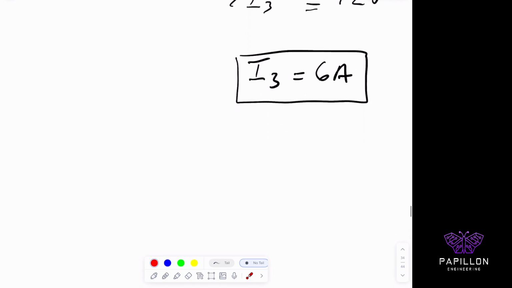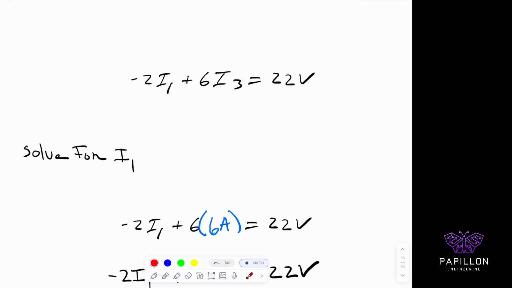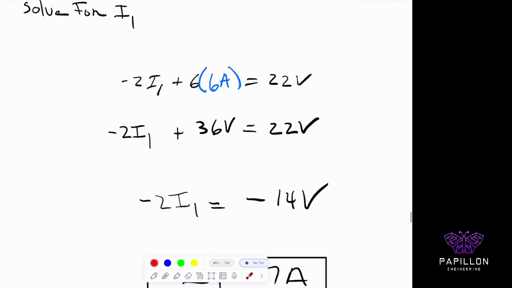All right. So now that we have the 6 amps, we can now hopefully solve for I1, our other two variables, right? We go back to one of our prior equations, where we solved for I3. So now if I plug in my value of 6 amps to this problem, I'm left with one unknown, which is I1, okay?